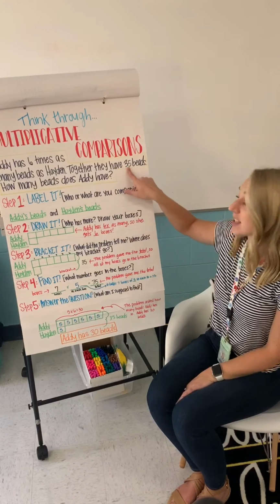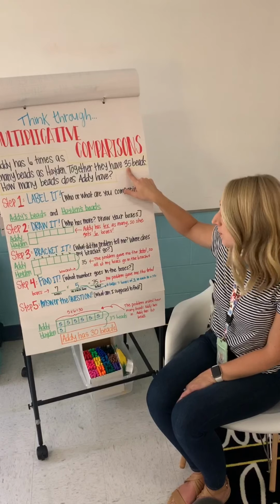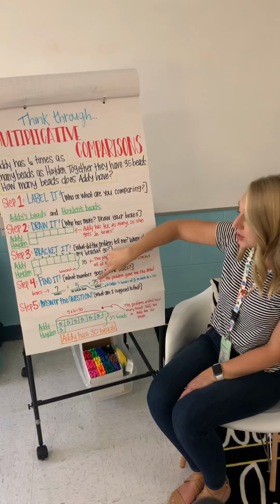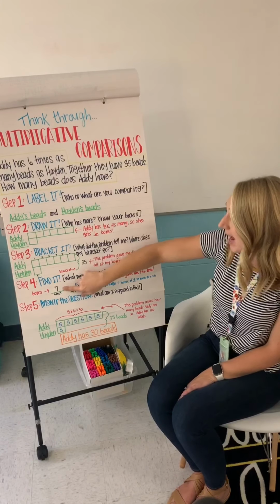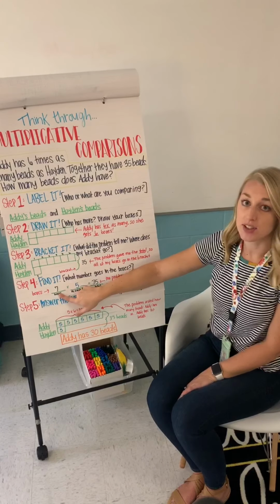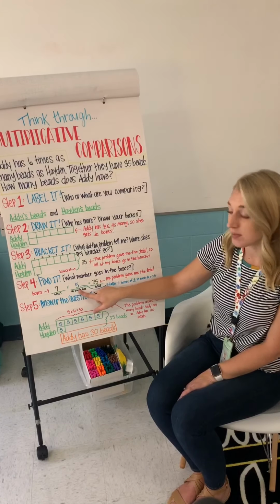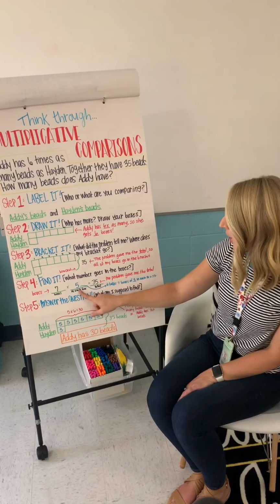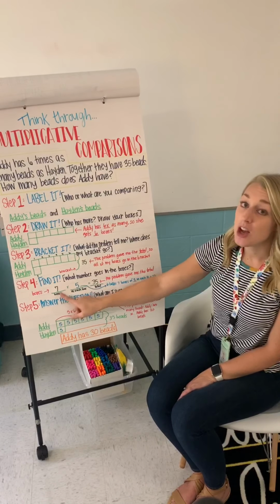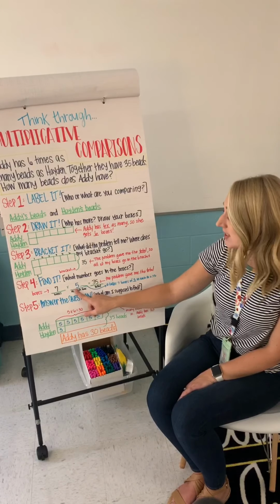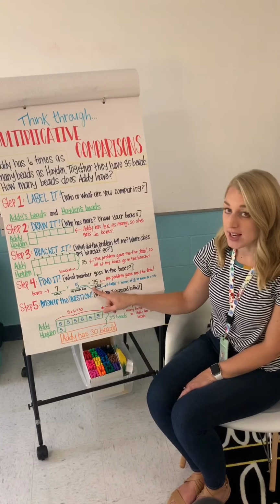And that's correct because I know they have 35 together. The problem gave me the total, I counted my boxes to find my first number, and my missing number I figured out through multiplication. So I know it takes 7 boxes with 5 beads in each box to get to a total of 35.